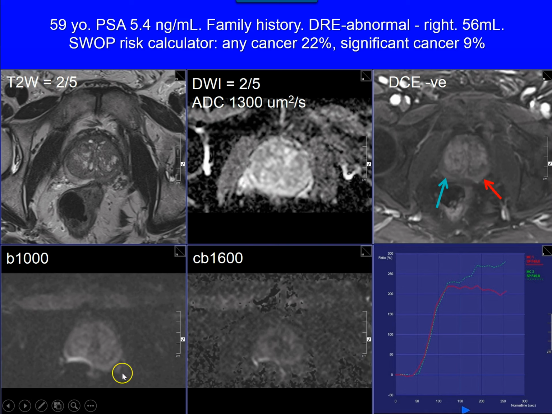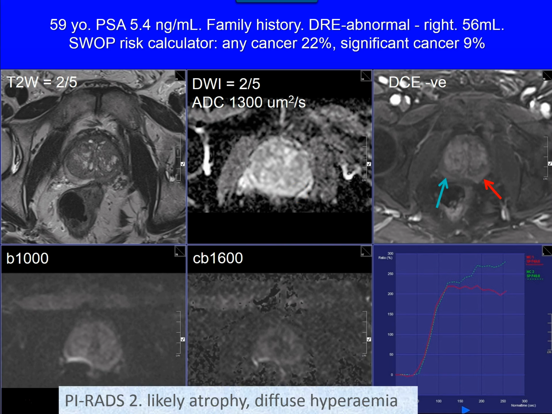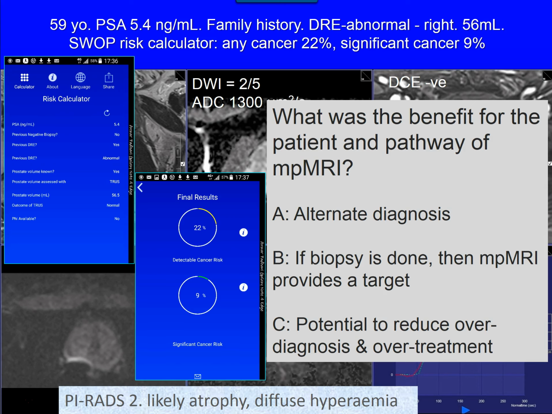The diffusion image, the high b-value image, and the computed ultra-high b-value image show no abnormality, nothing on the ADC map. Now, this is atrophy with diffuse hyperemia in the left peripheral zone. This patient does not need a biopsy, despite the fact that the risk calculator says that the significant cancer risk is 9%.